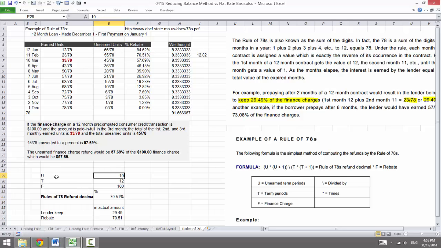So let's say you pay 3 months, so 12 minus 3 becomes 9. So that becomes 57 point. This is what the bank won't charge. But the bank will charge 42.31 ringgit out of 100 of finance charge. So if you use the normal way, it would be 25.